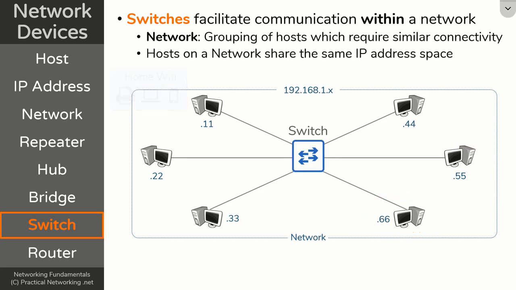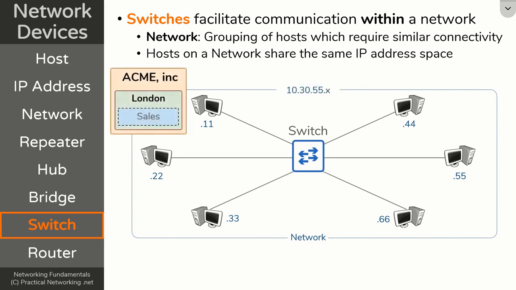Or maybe this network and these devices represent all the PCs that might exist within a particular classroom of the school network. Or maybe, even further, all of these devices represent hosts that exist in the sales team of the London office of the Acme Corporation. One way or another, since all these devices are connected with a switch, they all belong to the same network.